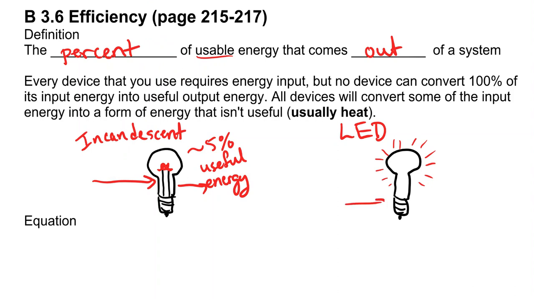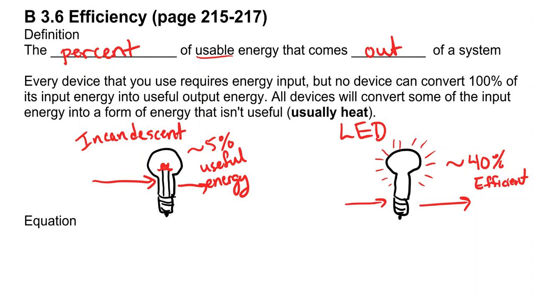So we're going to input energy and get energy out. LED light bulbs are usually around 40% efficient, which means 40% useful energy output. That's pretty good. That's like a whole 8 times better. So anyways, that's just to give you a little bit of perspective. This LED is going to be giving off way less heat than this incandescent light bulb, okay?